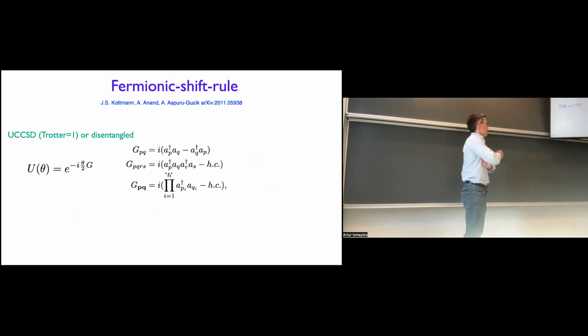Now, actually, this work that I will talk about, the total generalization, came out as a result of just seeing the work of my colleague Alanas Paraguzik and his student Abhinav Anand.